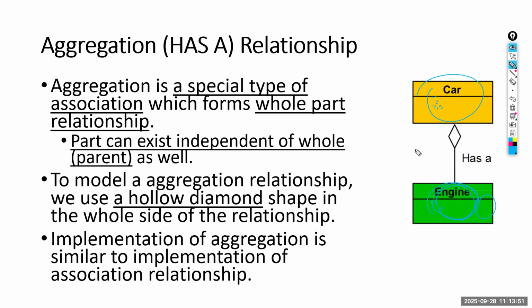Actually, order item and order is not aggregation, it's composition, because composition is a special case of aggregation. But for the time being, let's consider it as a whole-part. And we show it like this. Again, it can be one to one or one to many, but this side can't be many. This side can be one or many.